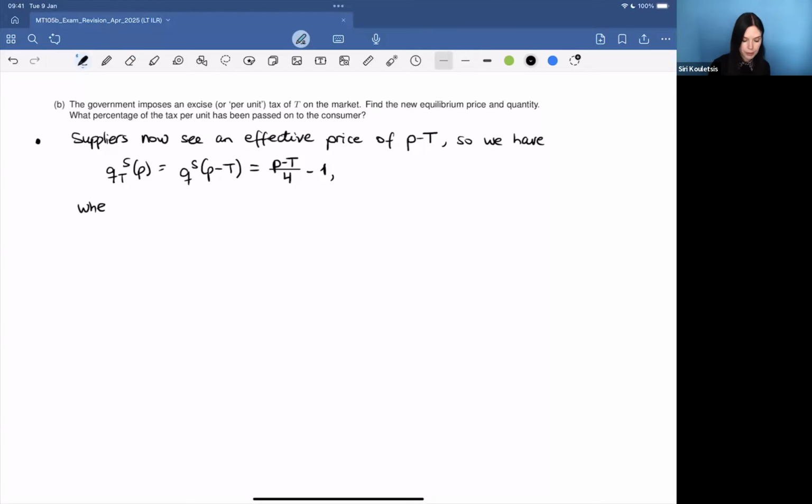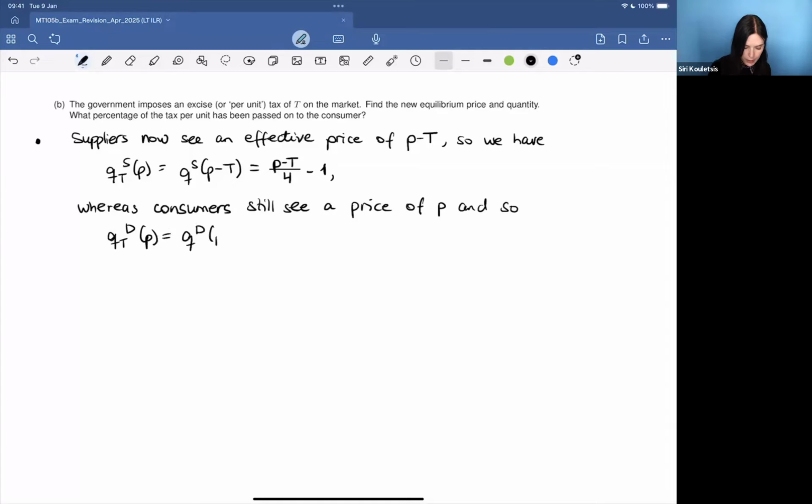Now, consumers still see a price of P, and so the demand function remains unchanged. The demand function in the presence of the tax is precisely the same as before.